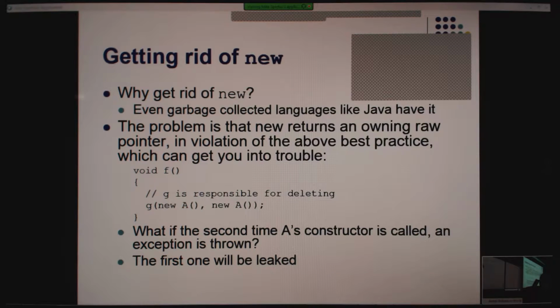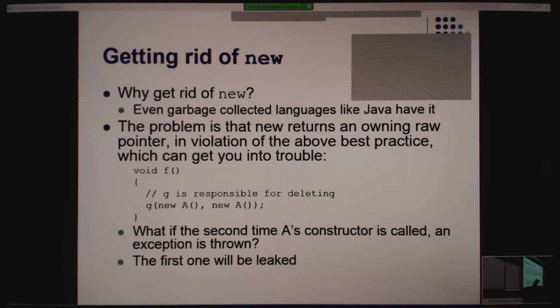So the problem is that calls to new violate that best practice. Okay? So that can get you in trouble, right? So here, if I say G of new A, that can leak memory.